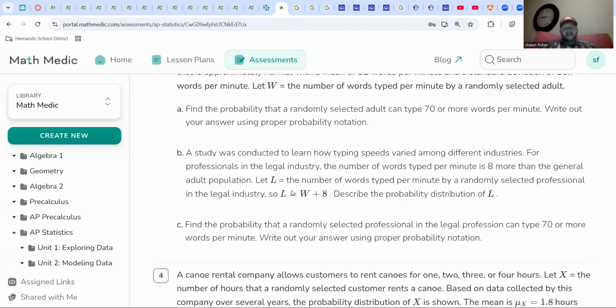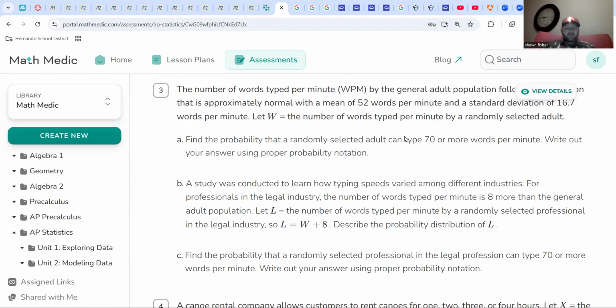So let L represent the number of words typed per minute by a professional. So L actually equals whatever W was plus 8. Describe the probability distribution for L.